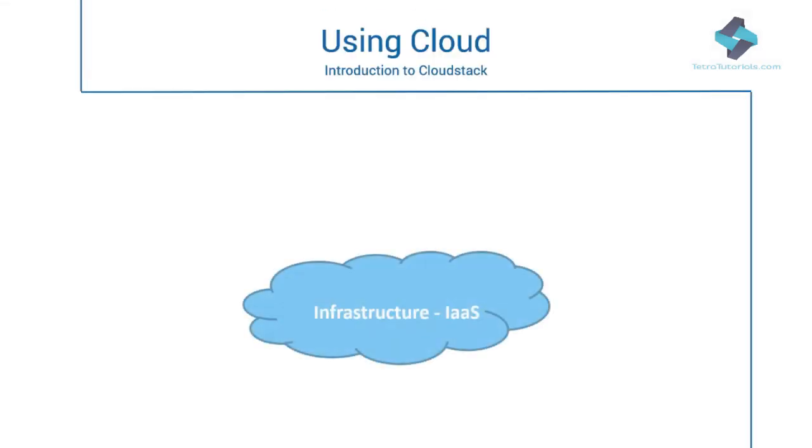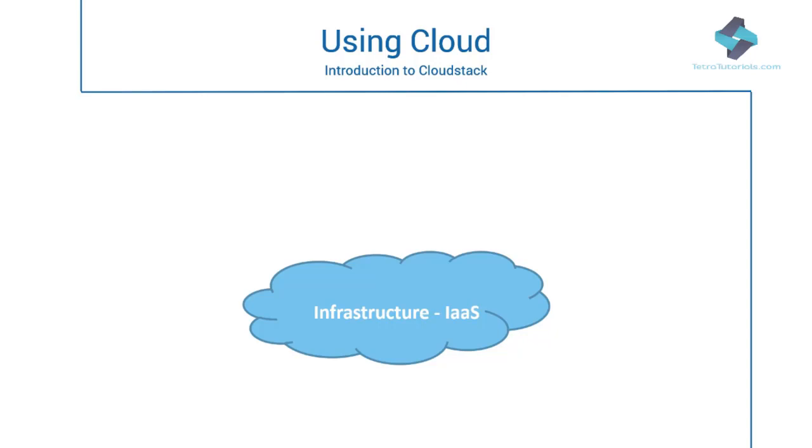Cloud computing services are typically provided in three different models. Infrastructure as a service. This is the most basic cloud service model, and under this model, the cloud provider offers computers, physical, and more often virtual machines and other resources.